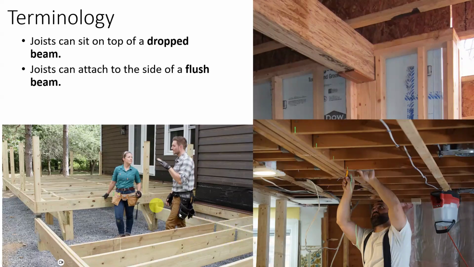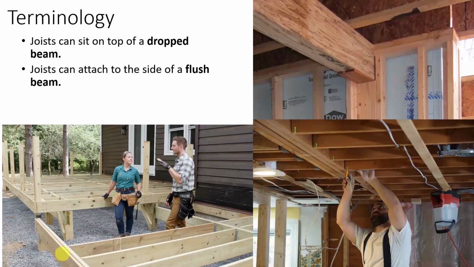So on this lower part of the deck, we have a flush beam. On the upper part of the deck, you can see right where my mouse is, they're sitting on a beam that's dropped down, and there's a beam dropped down here that they're sitting on. So there's a dropped beam there and there's a flush beam here. Why do you think they didn't put a dropped beam on this lower part of the deck? Any guesses?